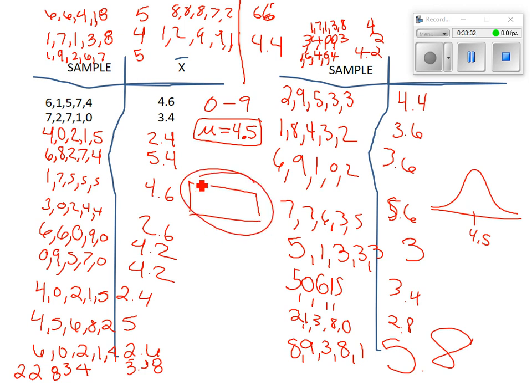So even though our original data wasn't normally curved, we didn't pick 5 every time, these sample means, the means of all the samples that you picked, should be normally curved around the mean of the original population.